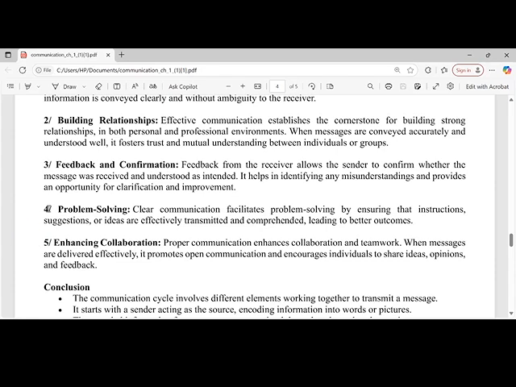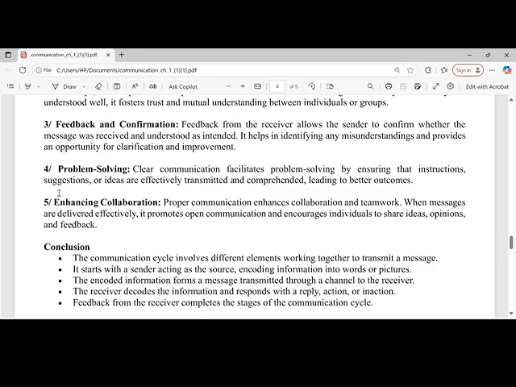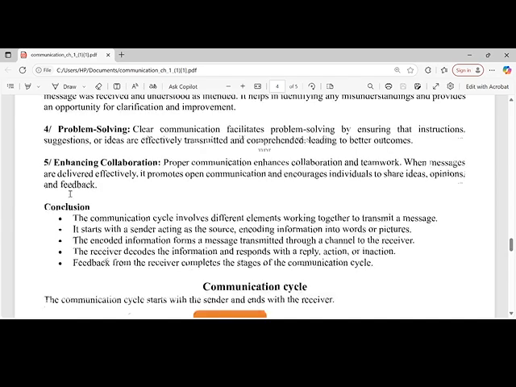For future communication, it is necessary to provide feedback so that the sender knows where the fault is and what needs to be improved. Then is problem solving. Clear communication helps in problem solving by ensuring that the instructions, suggestions, and ideas that are given are comprehended, which leads to better outcomes.